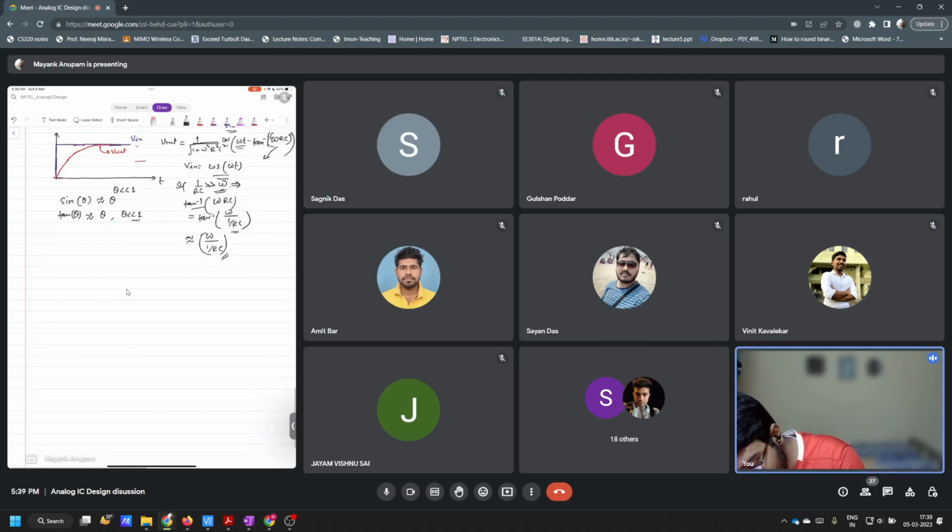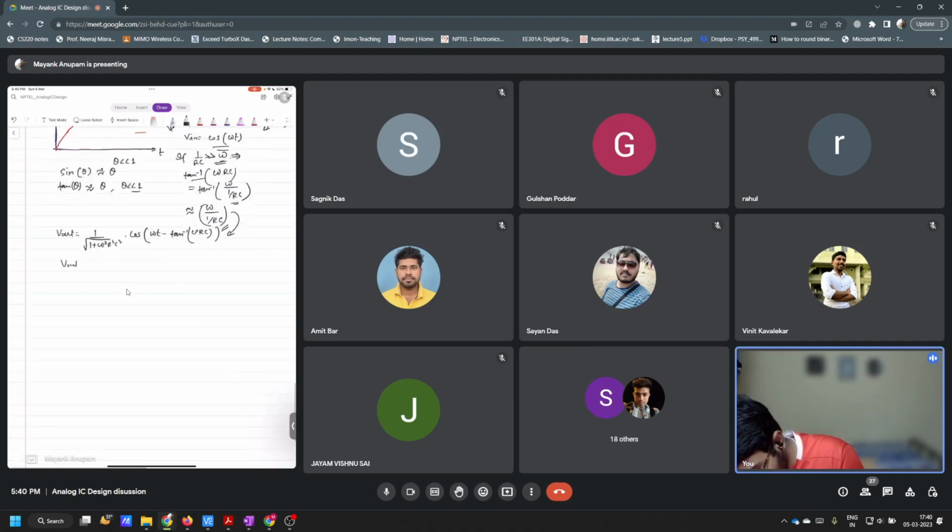So if you do this and you have this V out, right? V out was 1 over root of 1 plus omega square R square C square, into cos of omega t minus tan inverse of omega RC, right? And now in this approximation, what can you say?